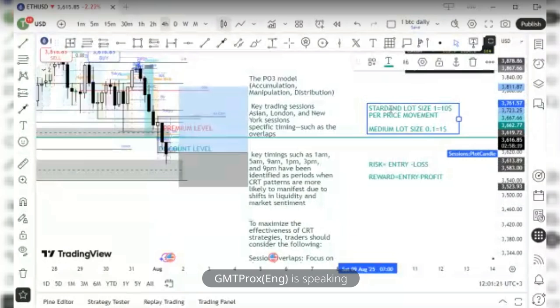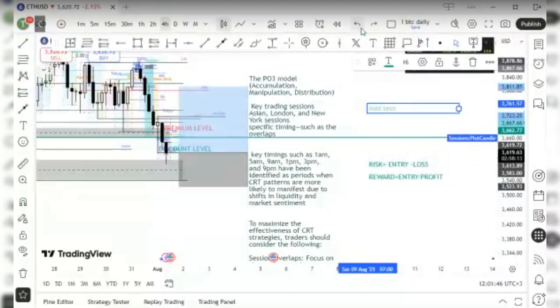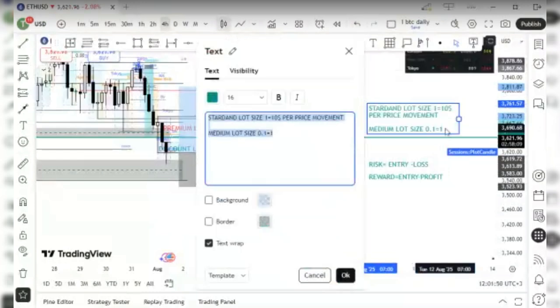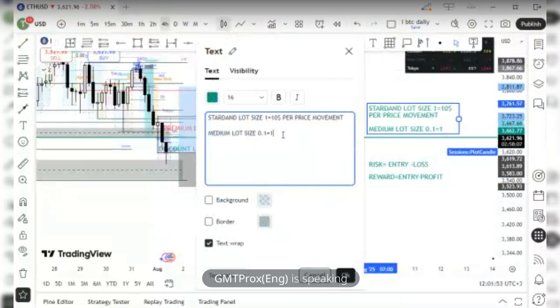So if it's a loss, I'm losing $1. $1, okay.